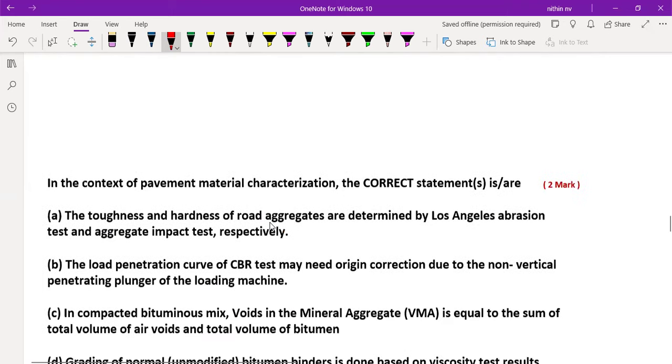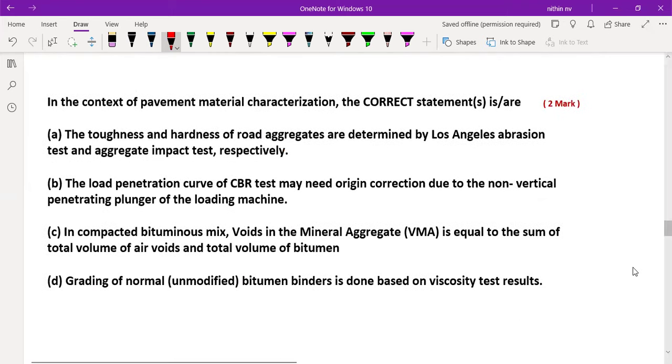Moving forward, the next question is from highway engineering related to the highway materials. It's an MSQ question. What they have asked is, in context of the pavement materials characterization, the correct statement or statements, which means in the given statements we need to pick the correct ones.